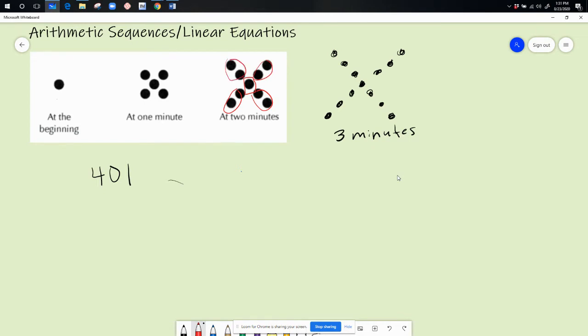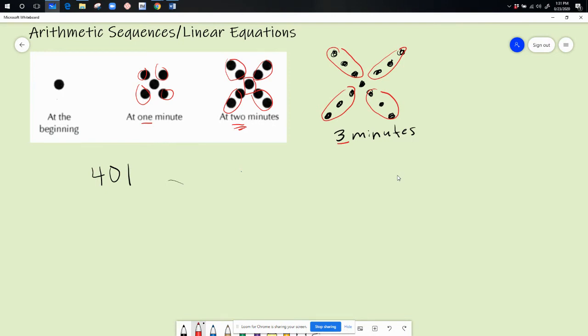The number of dots in the legs corresponds with the number of minutes. For example, each leg has 3 dots, or each leg has 2 dots. Over here, each leg has 1 dot. So if you think about it, at 100 minutes, how many dots would there be per leg?